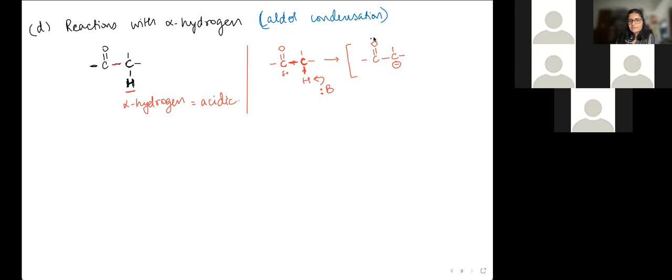You have a lone pair of electrons here, a double bond here, single bond, double bond, because of this. What happens is the oxygen pulls on this pair of electrons and this migrates over here. So you end up getting C O minus double bond C.